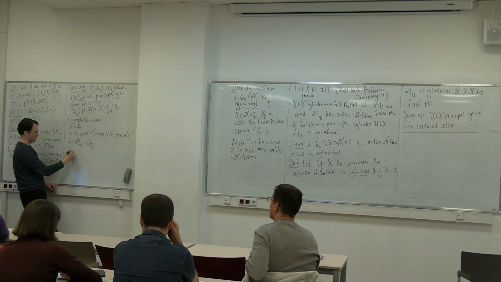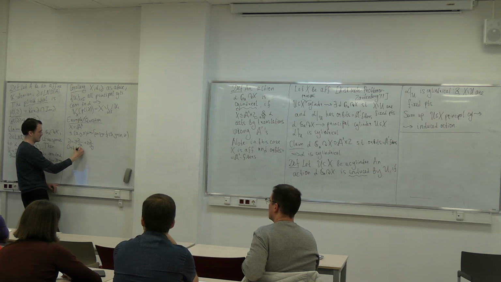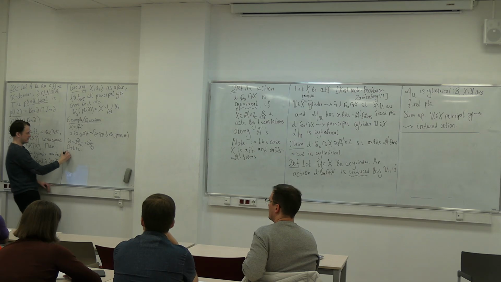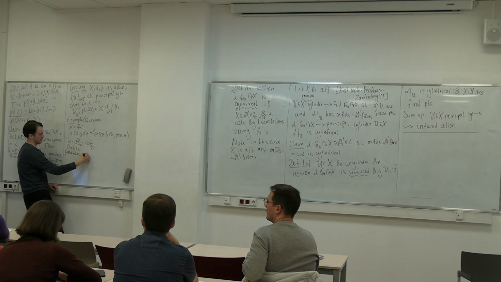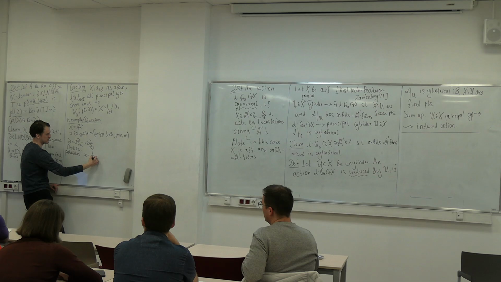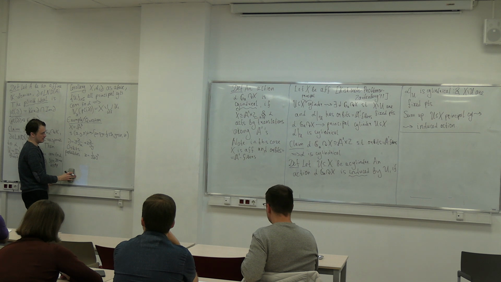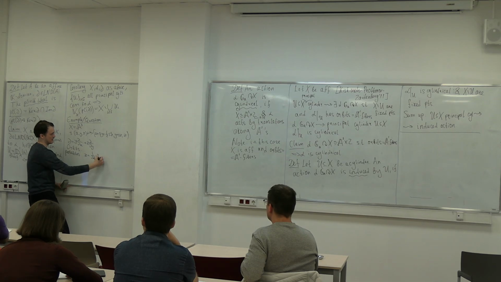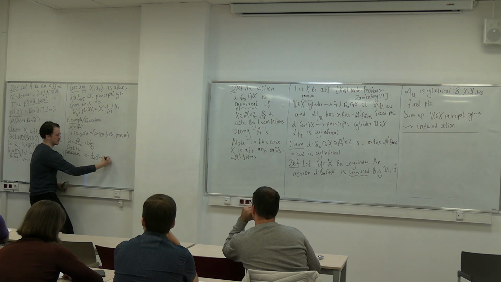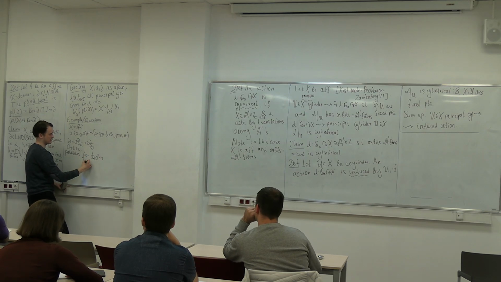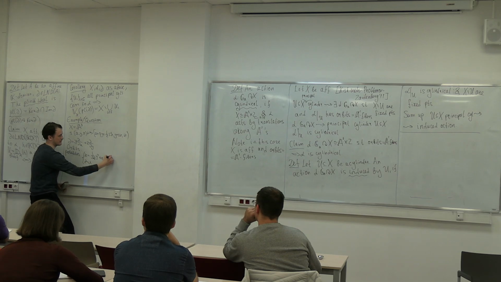And the orbits are parabolas of the form x equals 1/(2z) y squared plus lambda y plus a, where z is fixed, lambda is non-zero, and a is arbitrary.